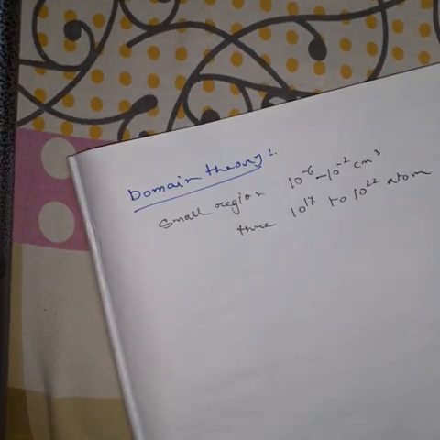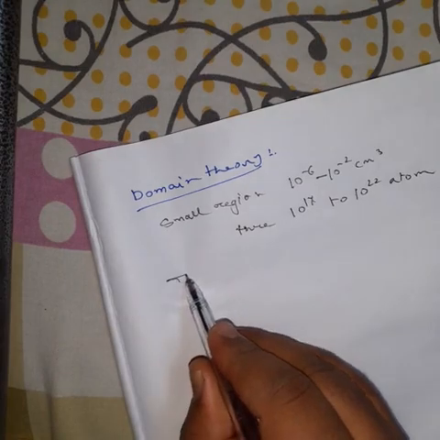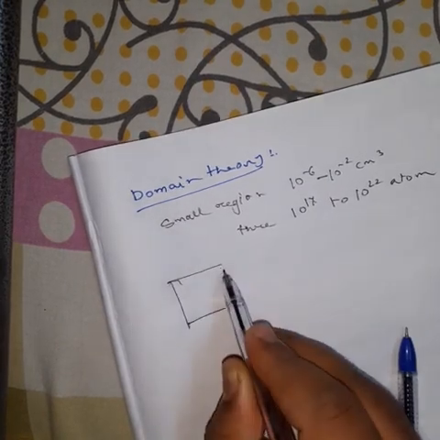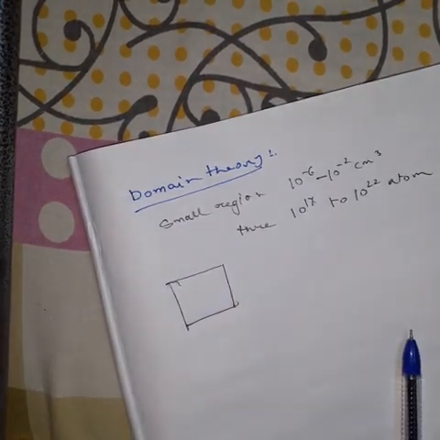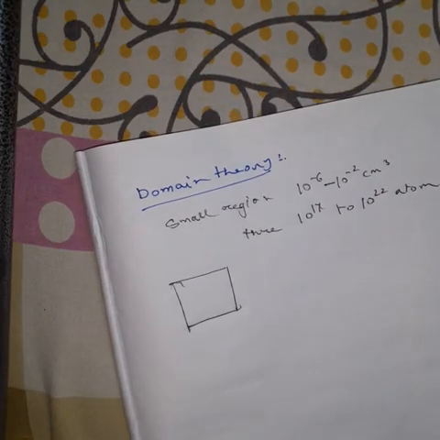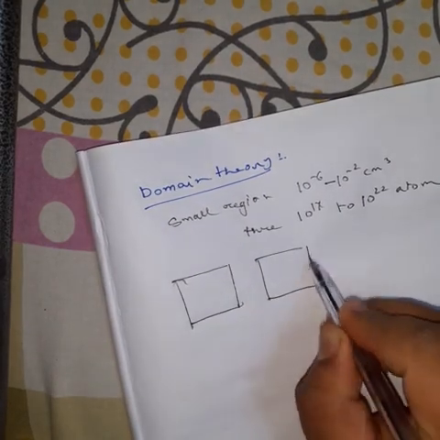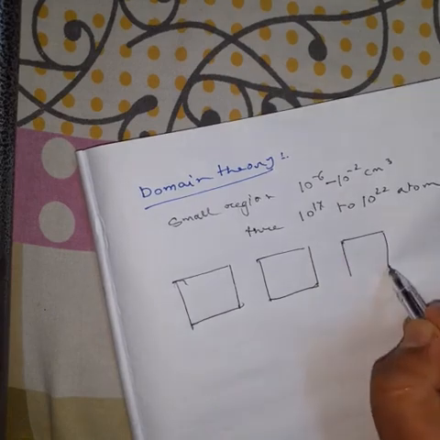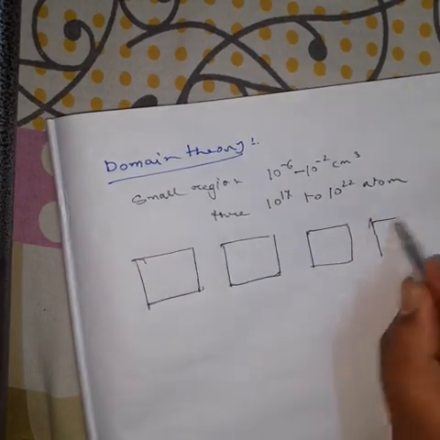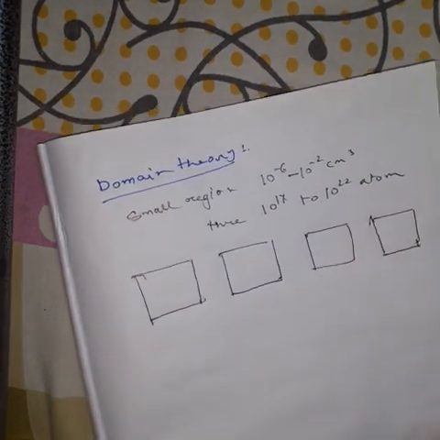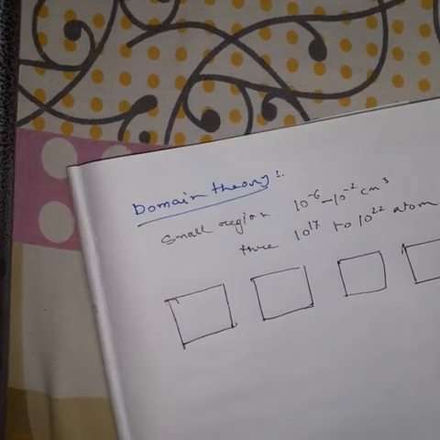In normal cases the domains are aligned randomly. When you apply a magnetic field, the domains tend to align themselves in the direction of the field, and that is why you see a huge magnetic field in that direction. It is just a basic idea.